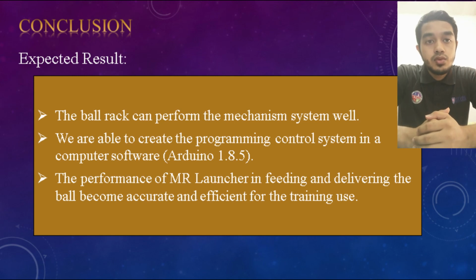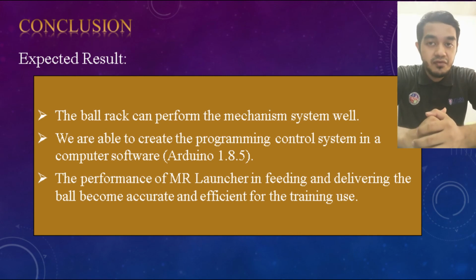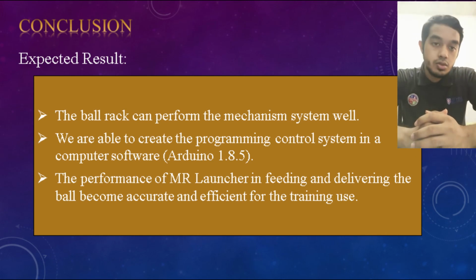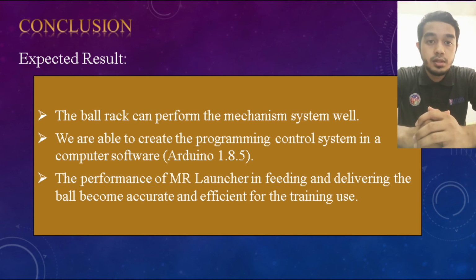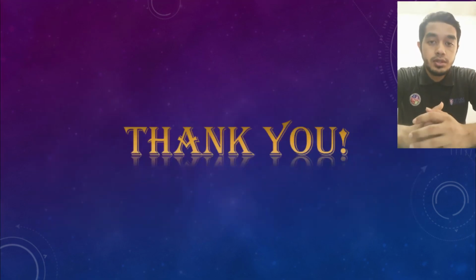The second one is that we are able to create the programming control system in computer software, Arduino 1.8.5 version, for the ball stopper mechanism with an innovation of using the Arduino Uno microcontroller. The last one is that the performance of the MR launcher in feeding and delivering the ball becomes more accurate and more efficient for training use.